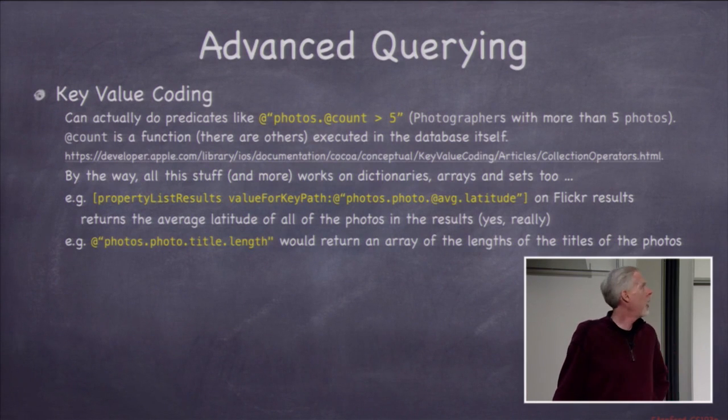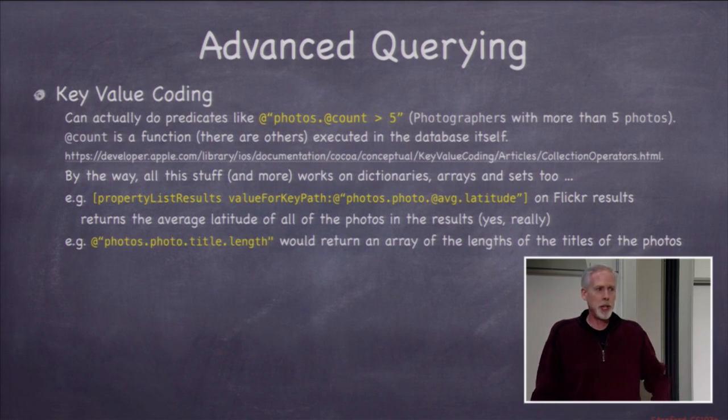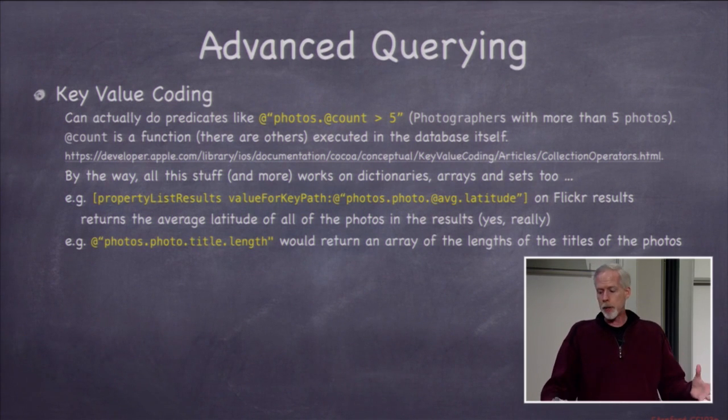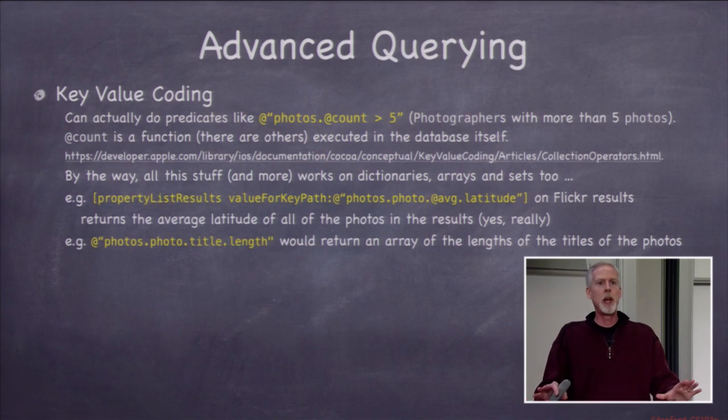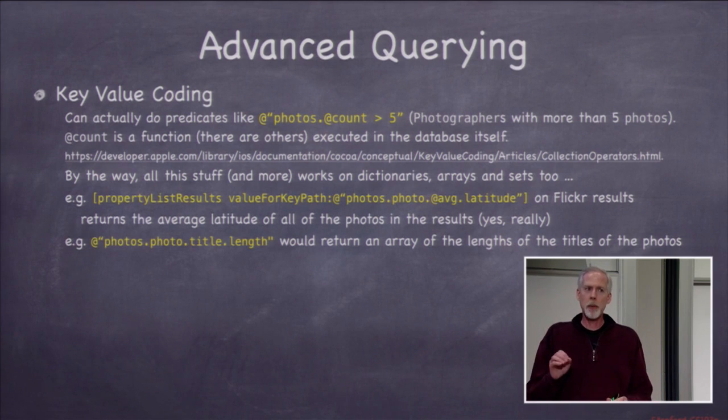Advanced querying, for time reasons, I'm going to skip this, but key value coding, which is the thing that lets you use dot notation to search down inside of a dictionary, right? It's the value for key path business. You can kind of do value for key path in the database. And there is, we didn't talk about this, but there is a really cool thing in key value coding, which is functions.